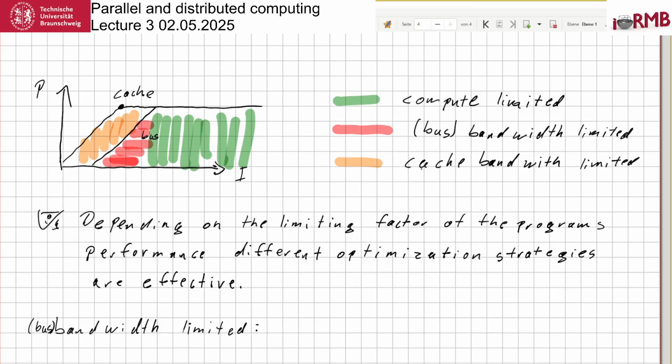Okay, I'll do it this way. If we are bandwidth limited, you have not used the arithmetic compute power and cache speed, so they cannot be fully utilized.